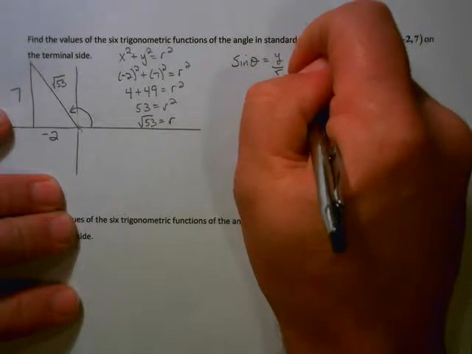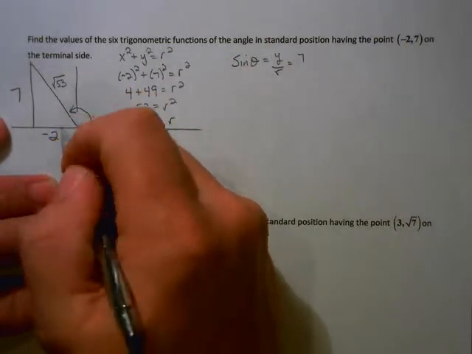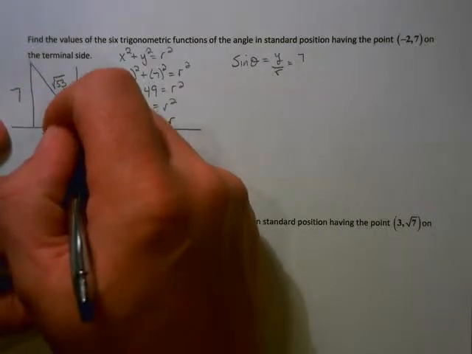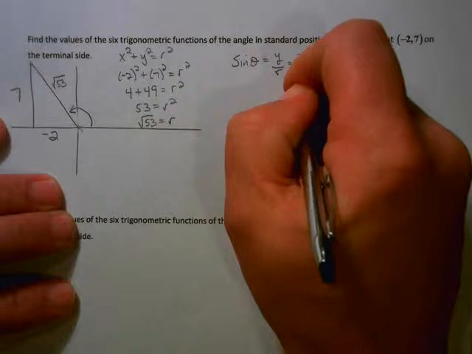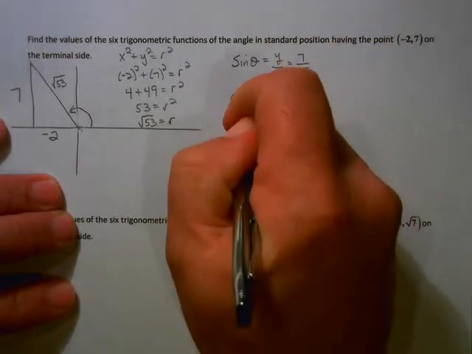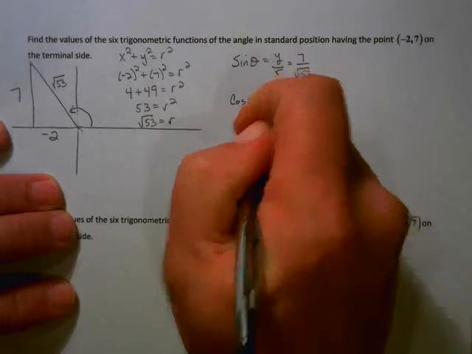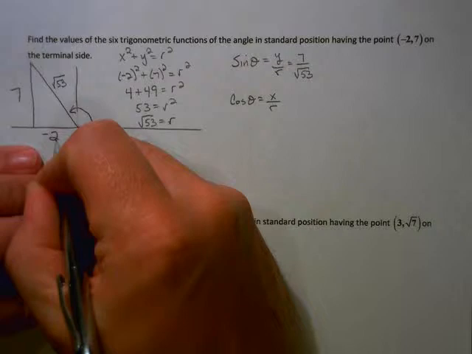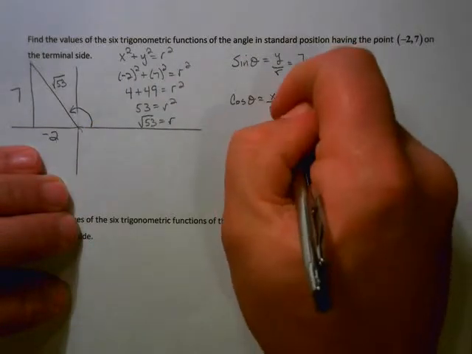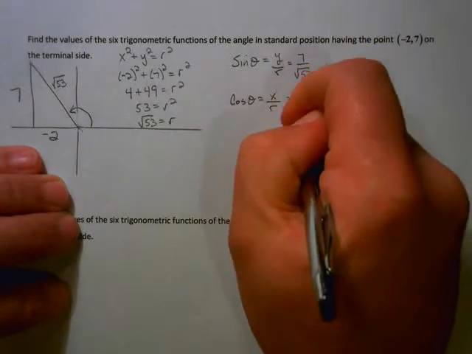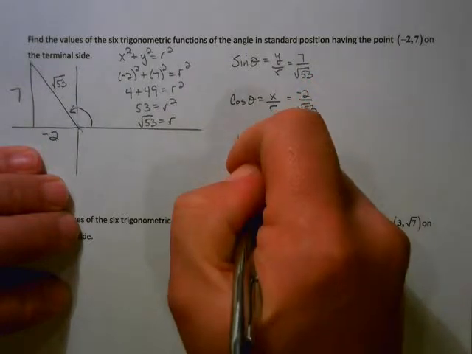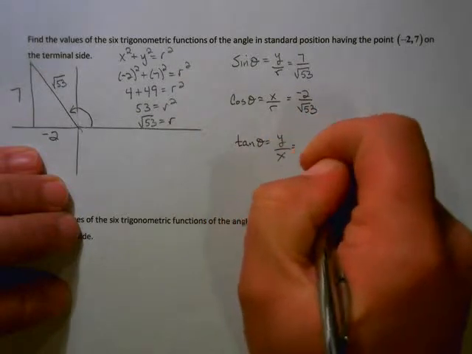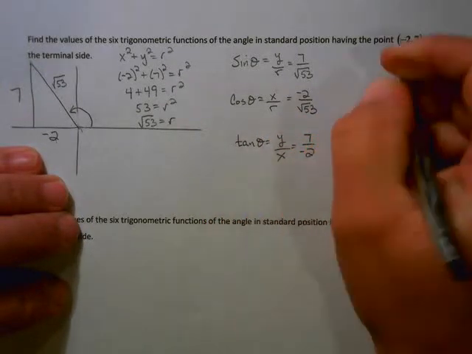But y is 7, and again, if this is our position, you can think of sine as opposite over the hypotenuse, 7 over the square root of 53, and cosine theta is going to be your x over r, or you can think of your adjacent over hypotenuse, negative 2 over the square root of 53. Tangent theta is going to be y over x, which is 7 over negative 2.